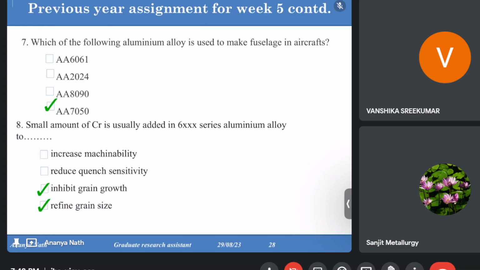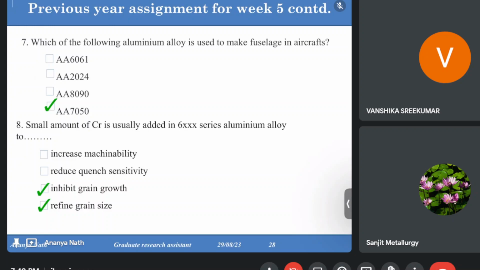Whenever one alloy is used for a particular application, always remember this. For example, in the aerospace industry, there are lots of parts in a particular aircraft or a rocket. Suppose AA 7050 is used, it's not true that this 7050 will be used for T6 condition or T7 condition only.